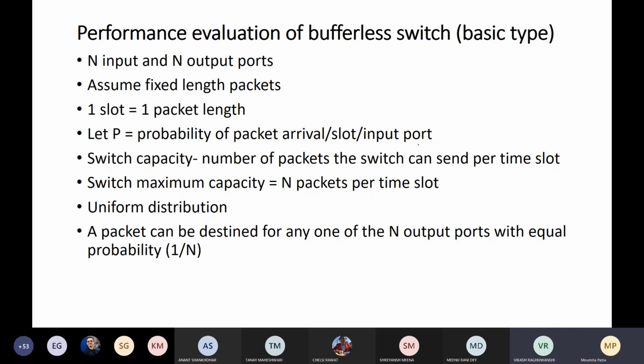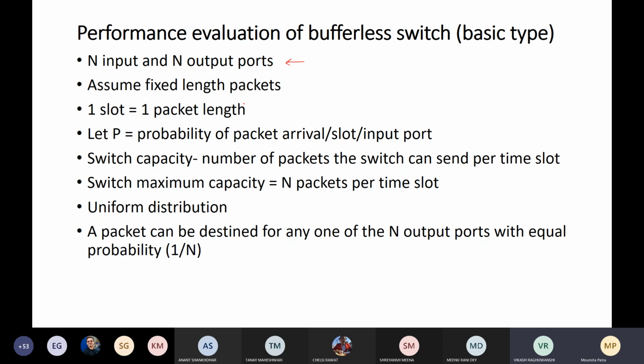When we find this out, then we will see which one works better and how. You have already seen that theoretically it has been found out that for output ports it is 100% and for input ports it is 58%. So let us see how much the link utilization is for a bufferless switch. Then we will see the other types, that is input queuing and output queuing. Okay, so first you have to see what the assumptions are.